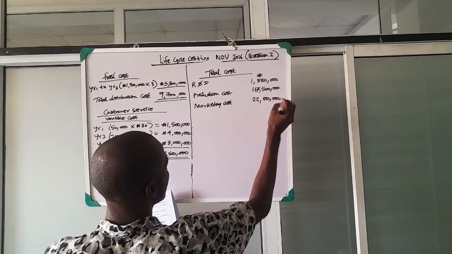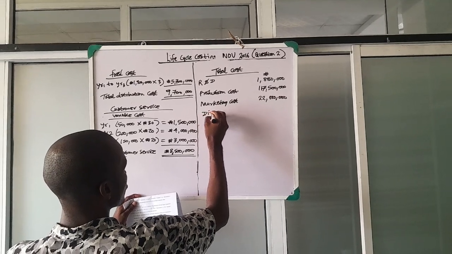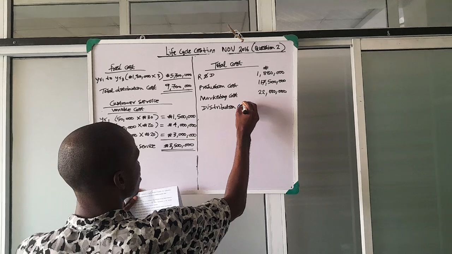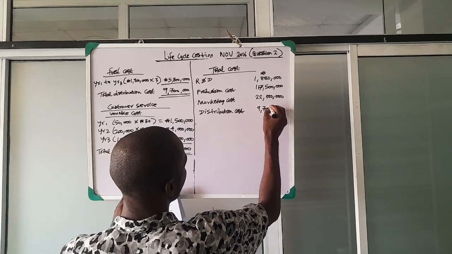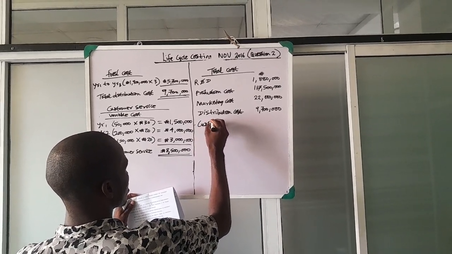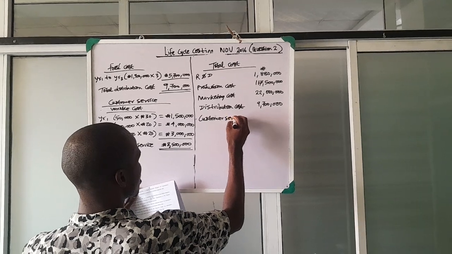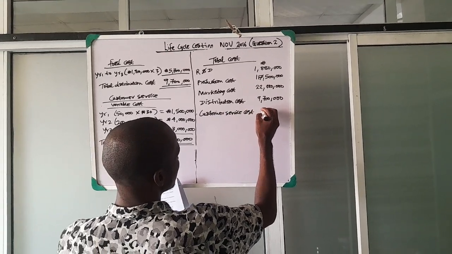Okay. Then we go to the distribution before customer service. Distribution cost, which is what? 9,700,000. Then we'll have the customer service cost, which is what? 8,500,000.